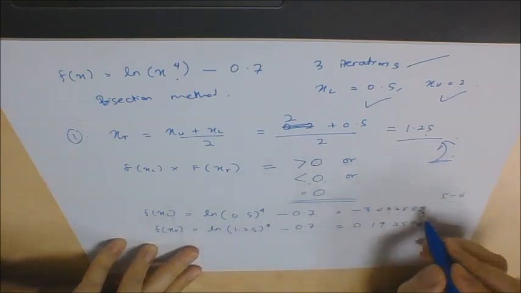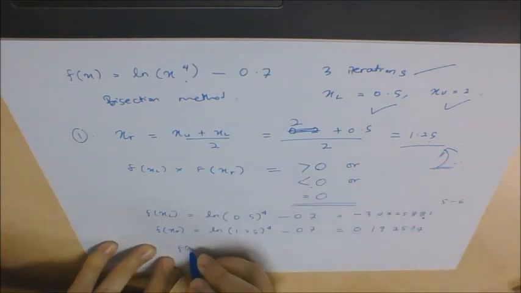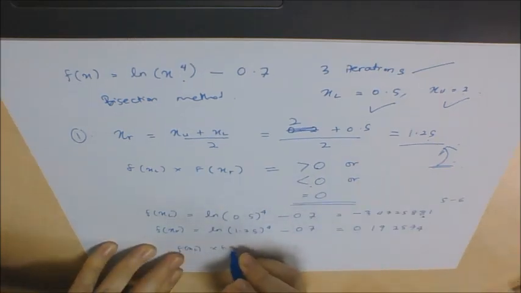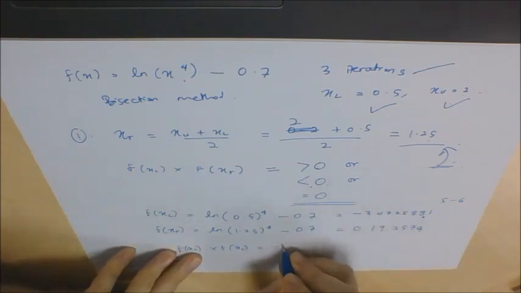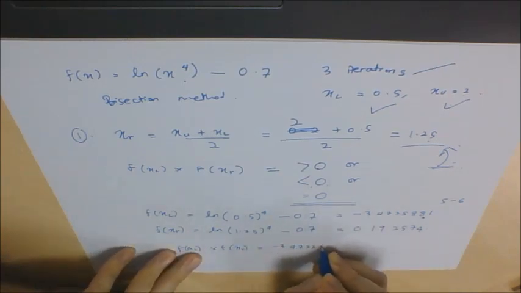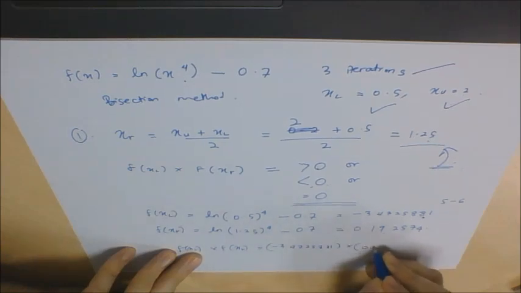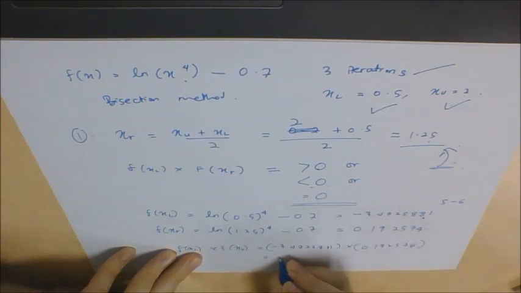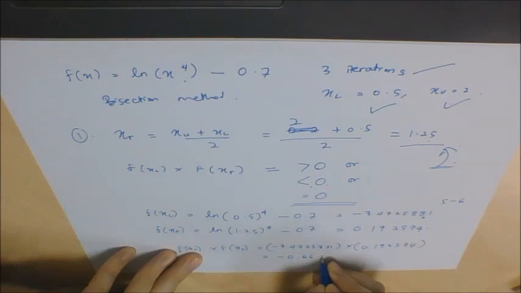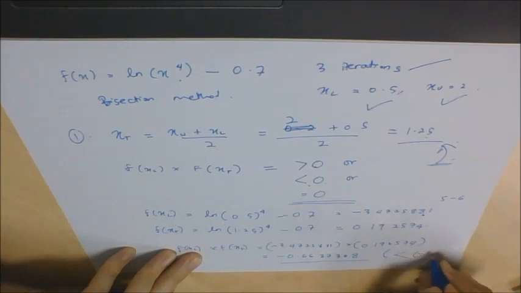If you multiply your FXL and FXR together, minus 3.47258881 times 0.192574, you will get minus 0.6687308. Obviously this is less than 0.